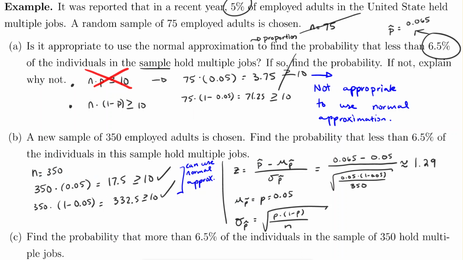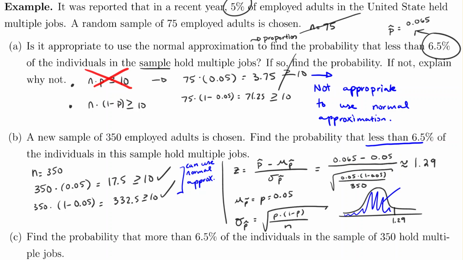So I've got my z-score associated with this sample proportion. Now I want to know the probability that, here you have to pay attention to these small details, less than that value. So if I've got my normal distribution, here's my z-score of 1.29. Am I interested in the area to the left or the right? Well, since it said less than, I'm interested in area to the left, which luckily for me is exactly from the chart.